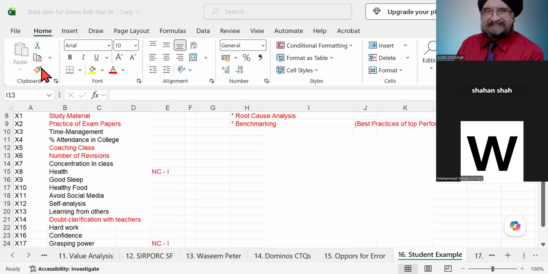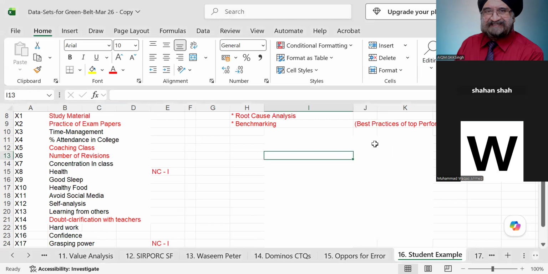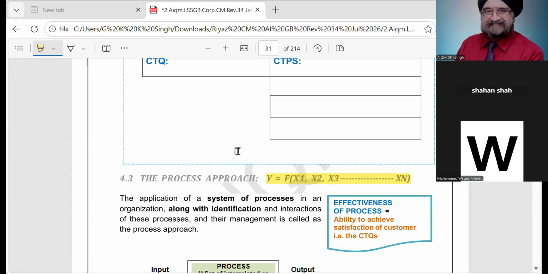So I had asked you a question. The senior is your customer. That's an example. You can take any other example also. So the senior is the customer, and you have to find out the CTPs, what is critical to process for satisfying the customer.